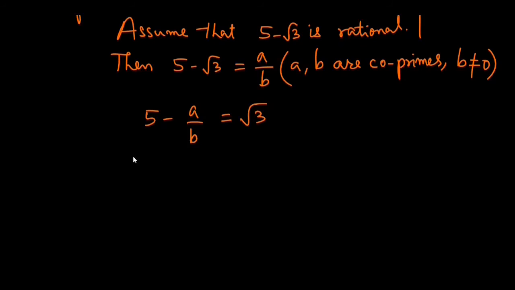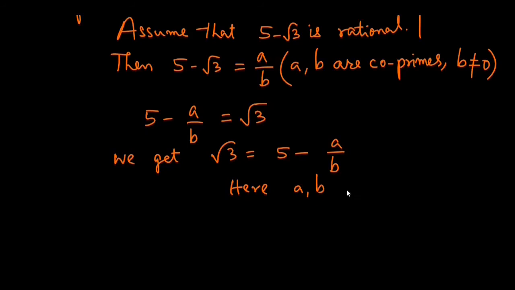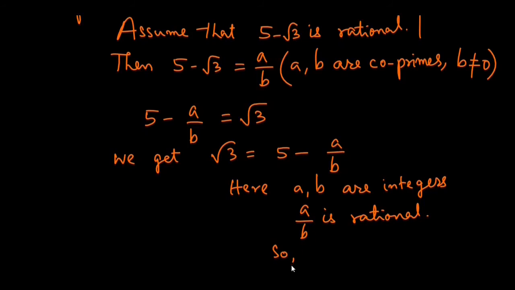So we get root 3 is equal to 5 minus a by b. Here a and b are integers and a by b is a rational number. So 5 minus a by b is also rational.